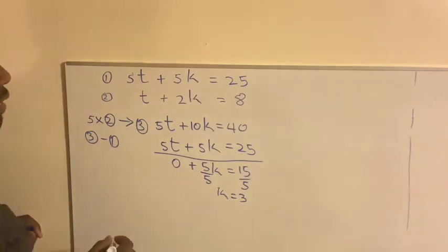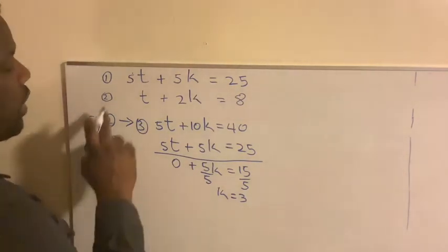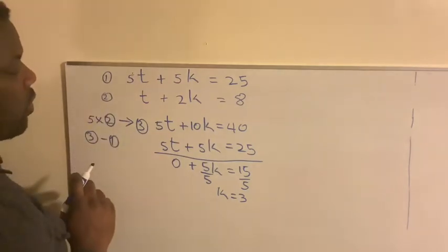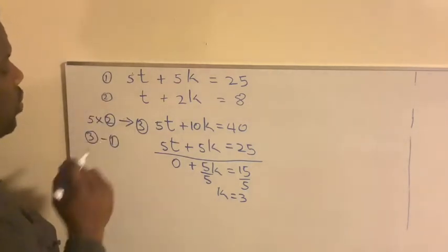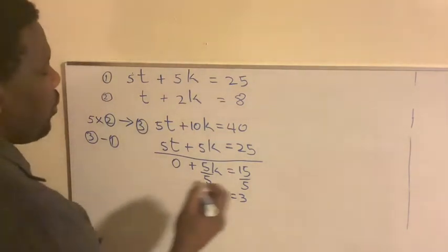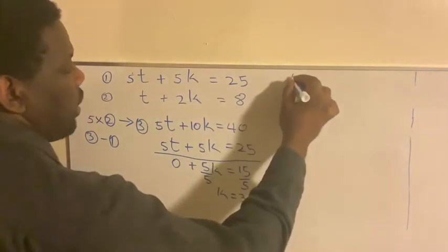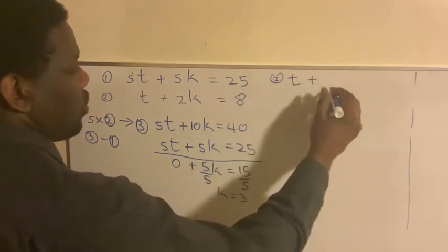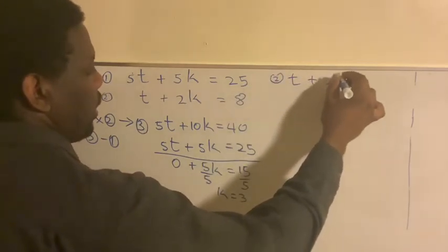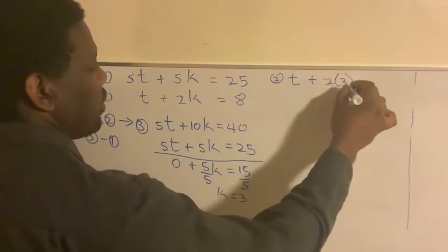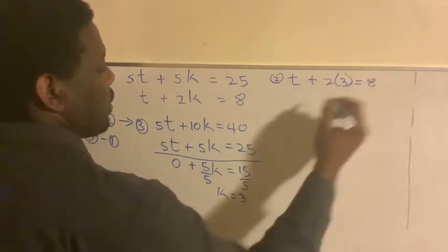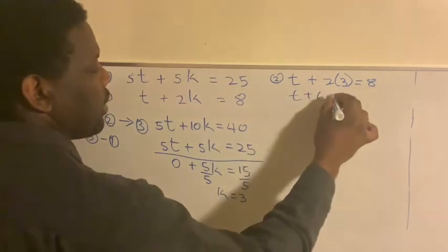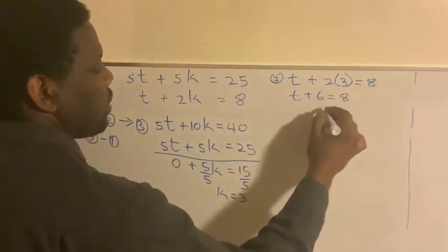So since we know k is equal to 3, we can substitute into either equation 1 or 2 to get the value of t. So let's choose equation 2. t plus 2k, and we know k is equal to 3, is equal to 8. t plus 6 is equal to 8.